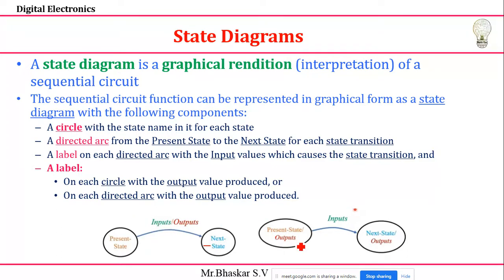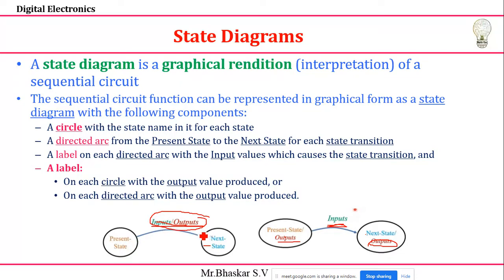So in this state diagram you can see that I'm going to represent my outputs inside the circle. Here also inside the circle I'm going to represent my outputs. Carefully see that. In the next state also, in this state only I'm going to represent the outputs, and on the arc I'm going to consider only inputs. When we come to this one, outputs are represented on the arc, and on the circle we do not represent the output.